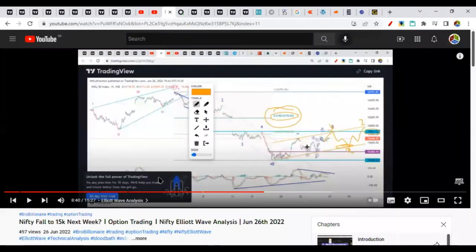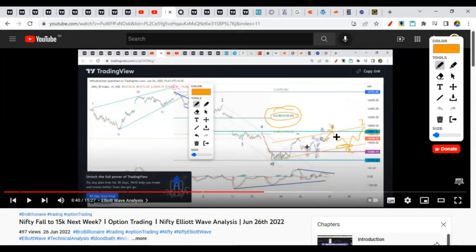In the last week, you would notice that with Elliott Wave, we gave one possibility that it can go one more round of consolidation as X and Z wave. So this looks to be happening now. Our other view was a fall below 15,183.